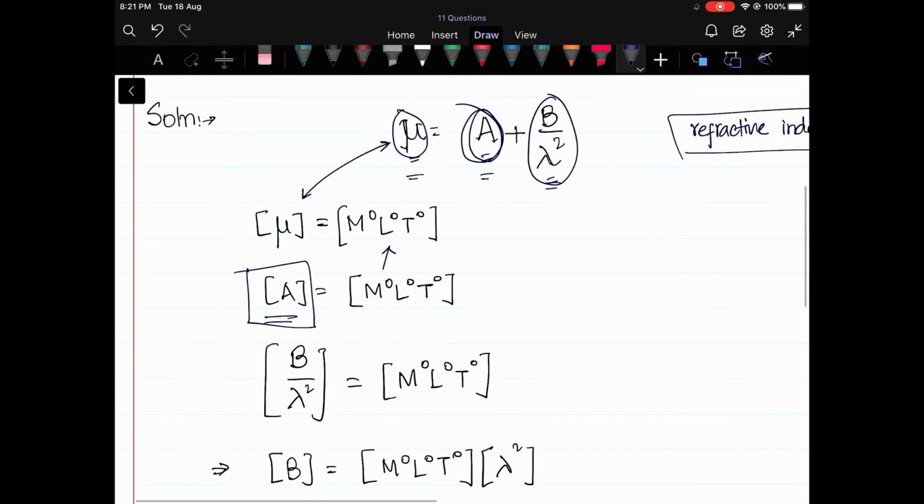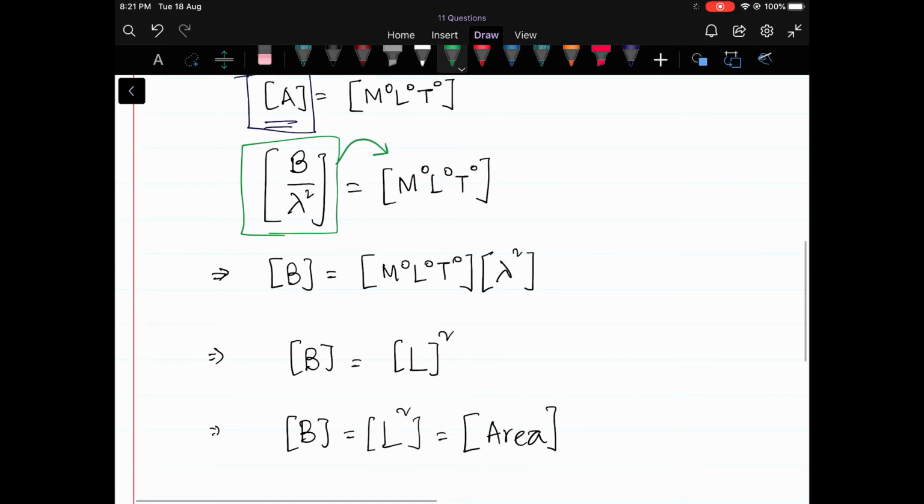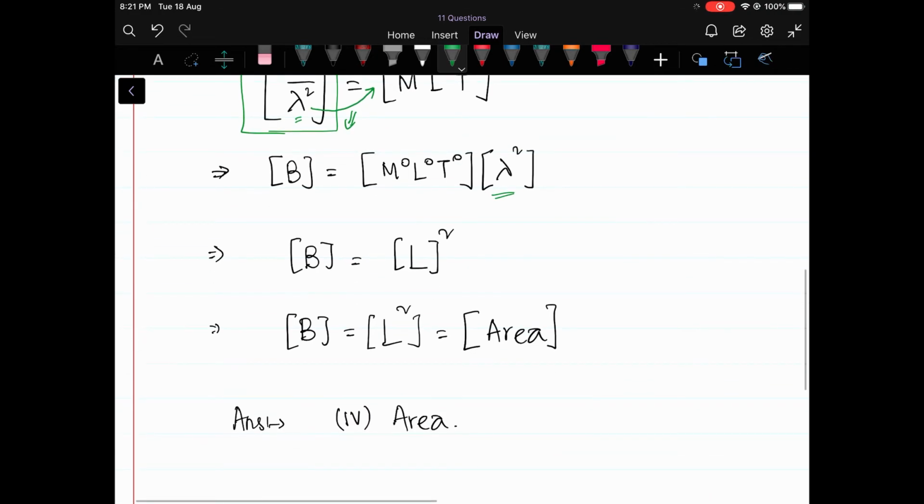That's why, when I'm writing the dimension of this term here, its dimension also should be equal to M0 L0 T0. From this equation, I can take this lambda from the left hand side and take it to the right hand side so that it gets multiplied with M0 L0 T0. Now this is simply equal to 1 because M to the power 0 is 1, L to the power 0 is 1 and T to the power 0 is also 1. Actually there is nothing here, so you can just ignore this.